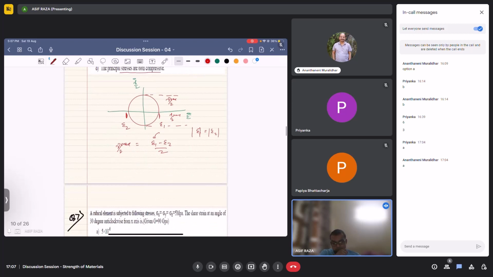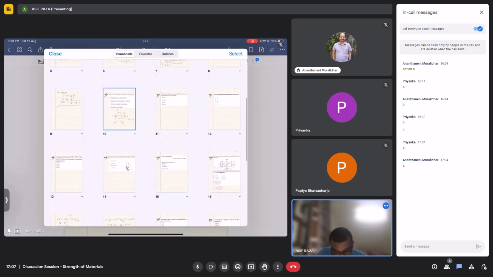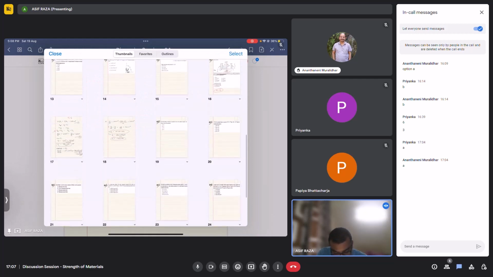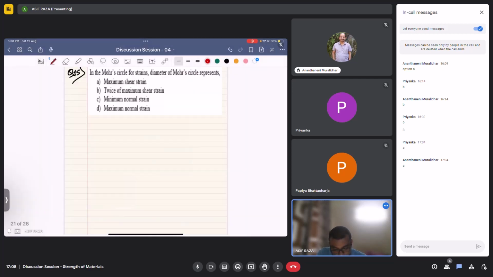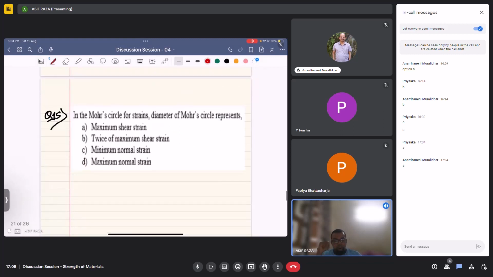Similar to this, I'll ask you another question. In the Mohr circle for strain, the diameter of the Mohr circle represents what? So what would be the correct option?